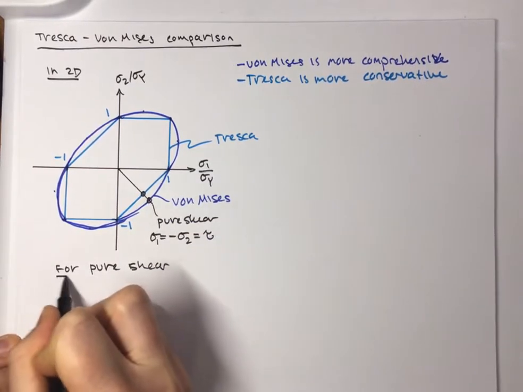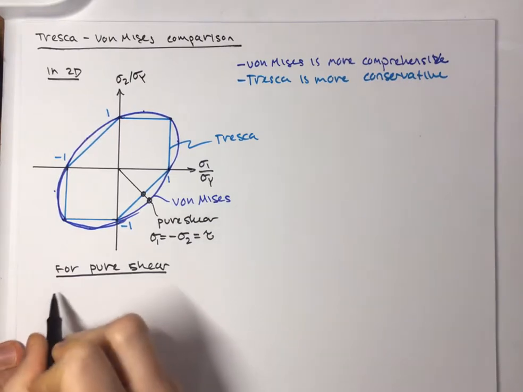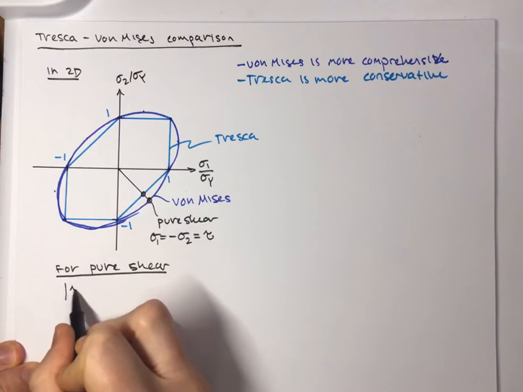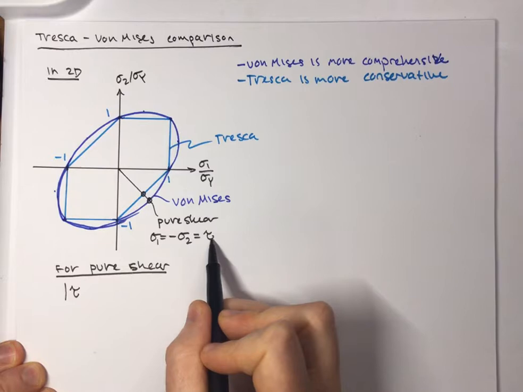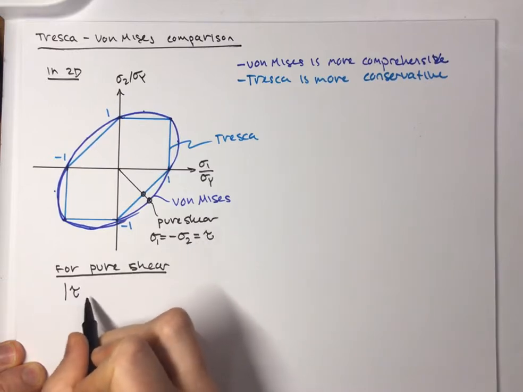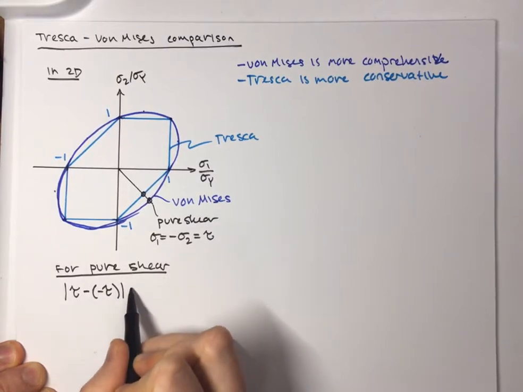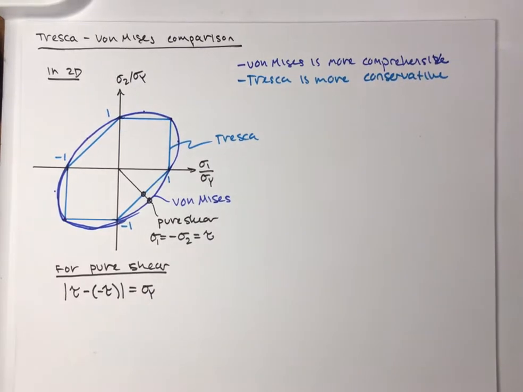So I'm going to use the equalities, and we would recognize that we'd have to be less than that. For Tresca, we would say that we have a sigma 1 and a sigma 3. So sigma 1 would be our larger positive value. Sigma 3 would be a negative value, negative tau in this case. And that's going to be equal to sigma y. That's our limit.